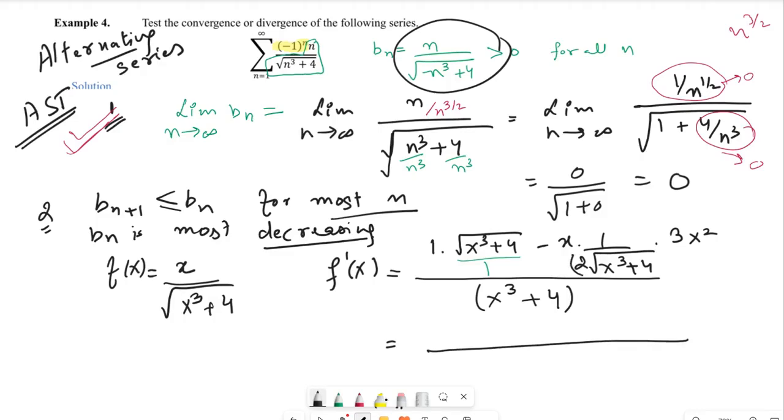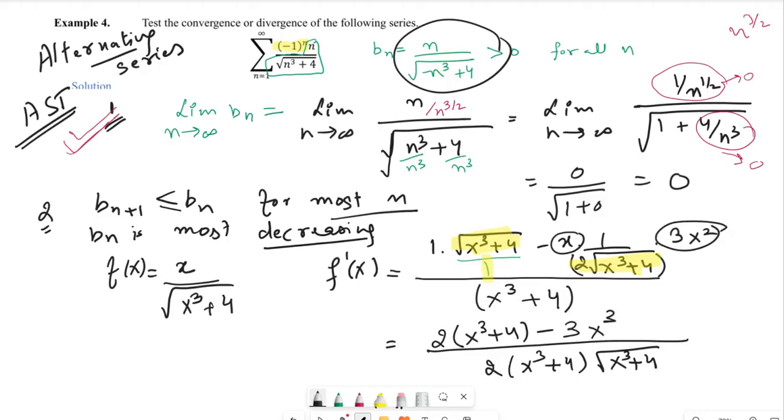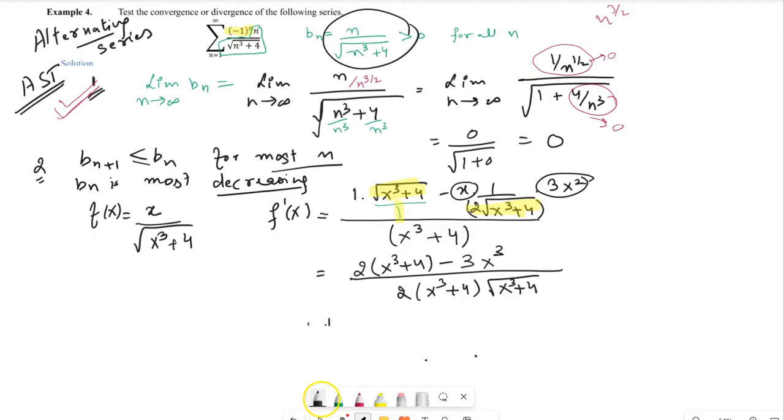When we make the common denominator, this is 1, so this number will have to be multiplied with this. So we'll have 2x cubed plus 4 minus this, which has to multiply with this, that is 3x cubed. That is going to be 2x cubed plus 8 minus 3x cubed divided by 2x cubed plus 4 to the power 3 by 2.